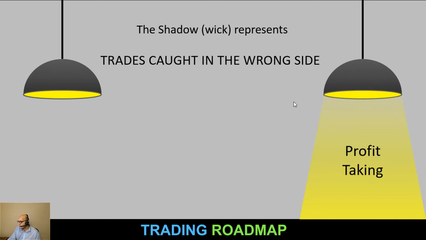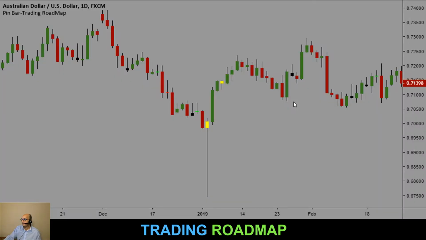I know most of the people mention it is just trend exhaustion and we're going to reverse from there, but I'm going to show you some examples that sometimes it's just a profit taking and then the market is going to continue in the same direction. And as you see here, this one is a trend exhaustion, so the trend has been exhausted here, and for the second one that was a continuation pattern, and then we went up from here.